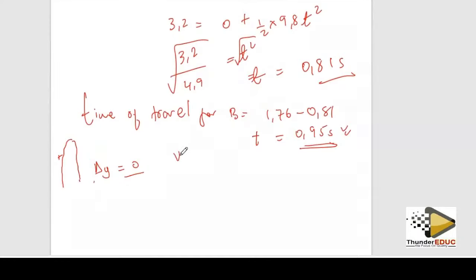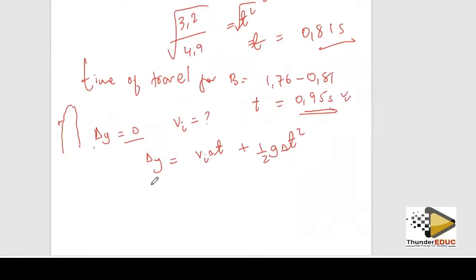So from delta y is equal to v initial delta t plus a half g delta t squared. Where there is delta y, I'm going to use 0. Initial velocity is what I need times 0.95, plus a half times, since the object is moving upwards, my gravity is going to be negative 9.8, with a t squared.